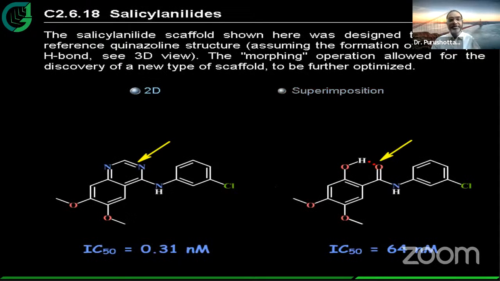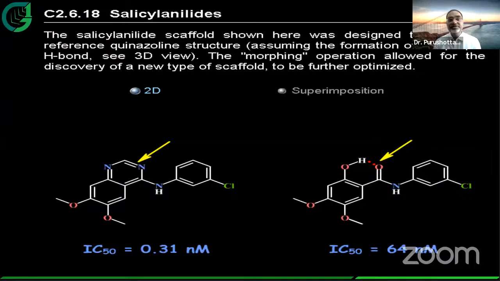So in another case, the salicylanilide scaffold shown here was designed to match the reference quinazoline. You could see that the quinazoline has 0.31 nanomolar activity.